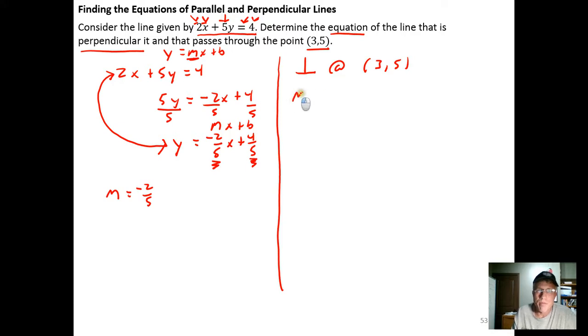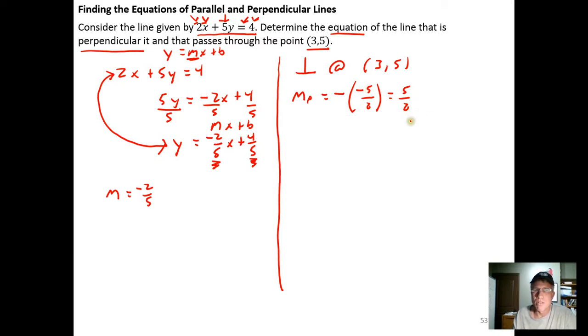But the slope of the perpendicular line is going to equal the negative reciprocal of the other line's slope. So the reciprocal of negative 2/5 is negative 5/2. So the negative reciprocal is going to be positive 5/2 because I get a double negation right here.